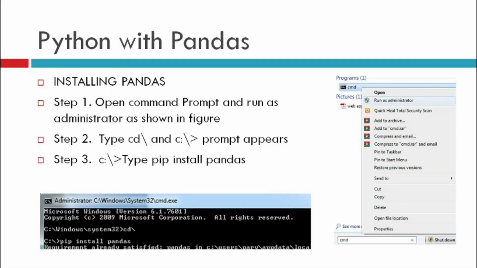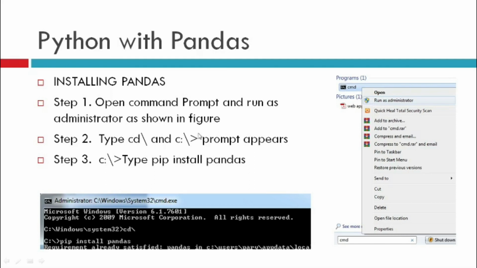How can you install Pandas on your PC? First you open the run command and run cmd as administrator. Write cmd, then right click, and this menu appears. Now you select run as administrator.